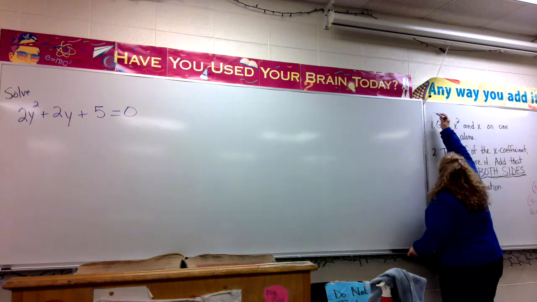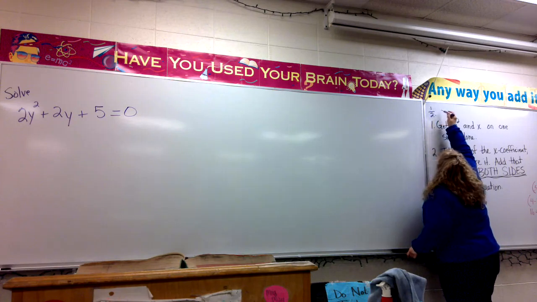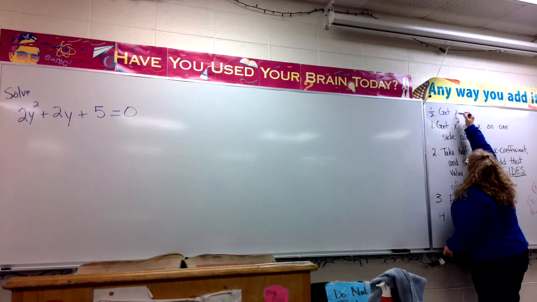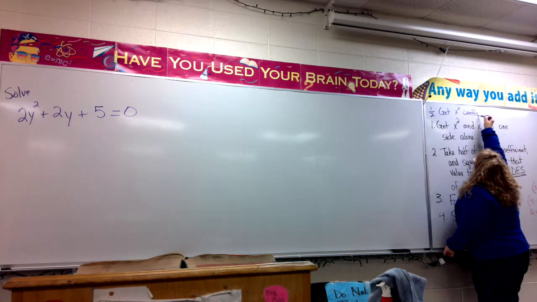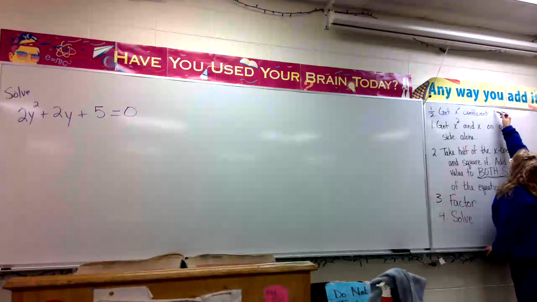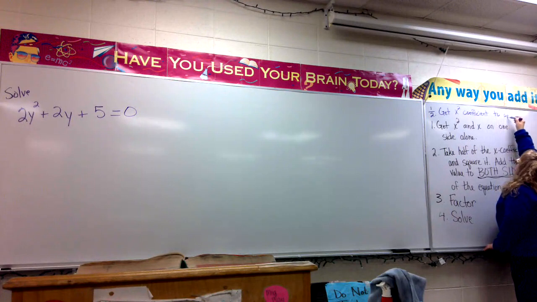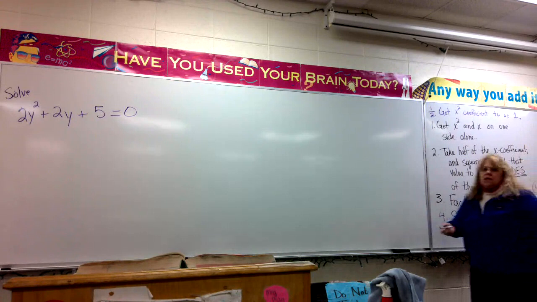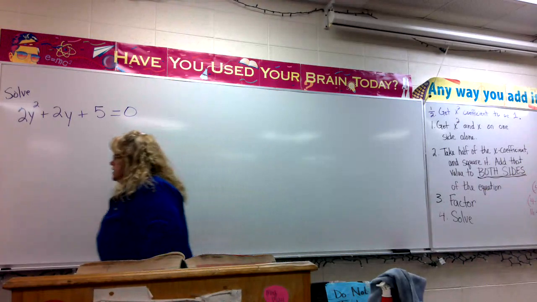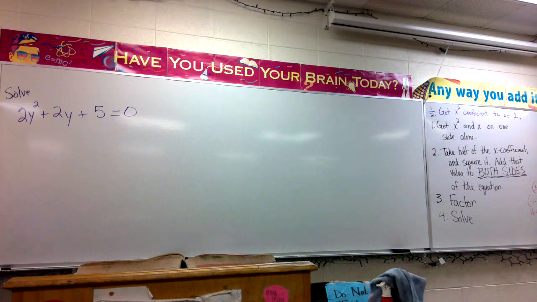So, the first step we need to do is get the x squared coefficient to be 1. So if that first coefficient is not a 1, you need to get it to be a 1.